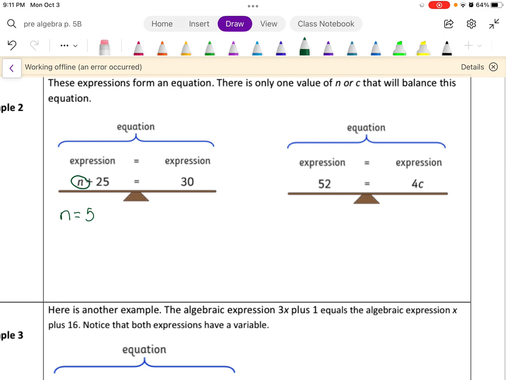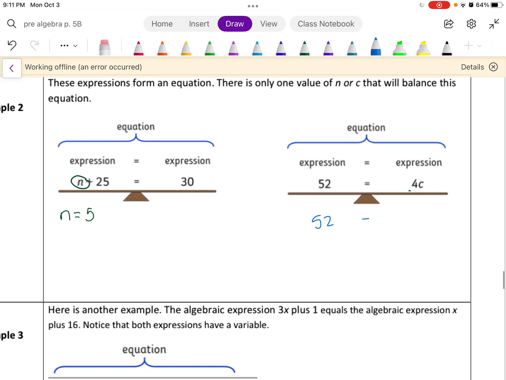The second one, we have an expression 52 is equal to the expression 4 times c. So we're just trying to figure out 4 times what would be 52. Another way we could think about it is 52 divided by 4 is what? Either way, the answer is 13.